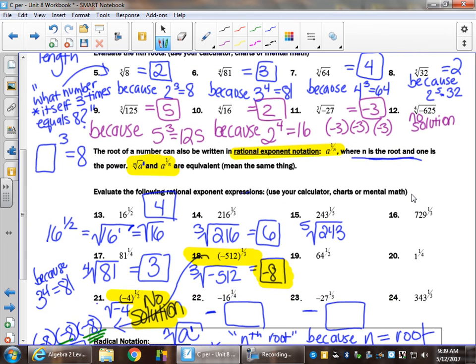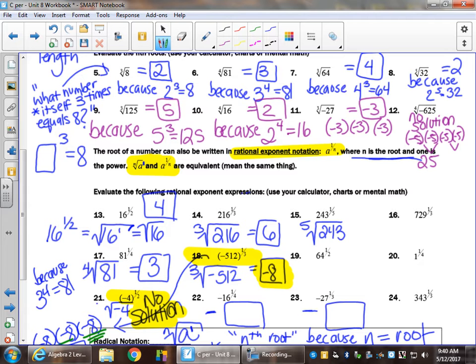So instead of no solution, maybe I say negative 5. So that would mean how many negative 5s multiplied together? 4 of them. So let's see. 1, 2, 3, 4. What is negative 5 times negative 5? A positive 25. Yes, good.